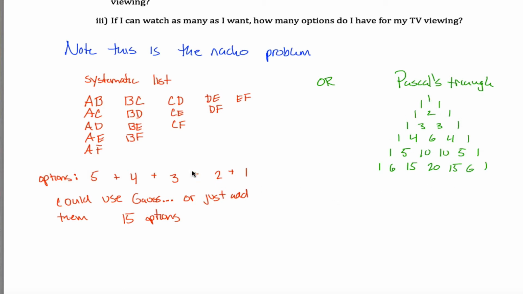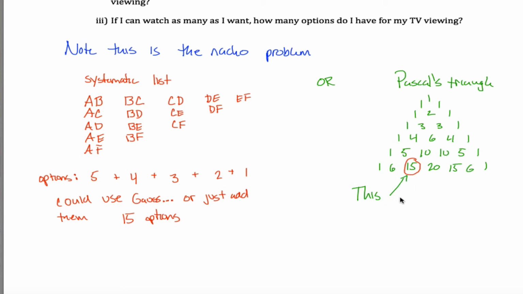One of the many things encoded in Pascal's triangle is it tells you how many ways you can choose either 0, 1, 2, 3, 4, 5, or 6 from a group of 6, or 5, or 4, or 3, or 2. This 15 right here, turns out that this shouldn't be in red because it's going to get confusing. In green, I guess.